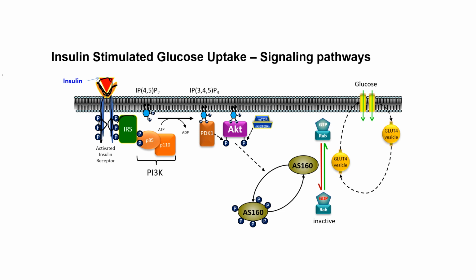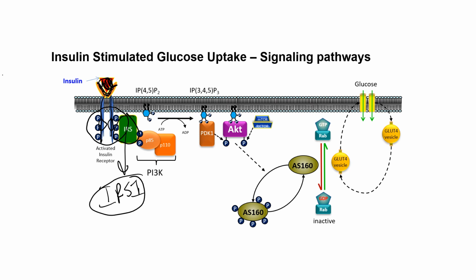And here is IRS1, insulin receptor substrate 1. Insulin receptor substrate 1 is an intracellular protein that has tyrosine residues, so it can be phosphorylated by the tyrosine kinase domains located on the insulin receptor, and that's what's going to start happening once this insulin receptor is activated by insulin. IRS1 is going to start getting phosphorylated by the insulin receptor, specifically the tyrosine kinase domains located on the beta subunit.